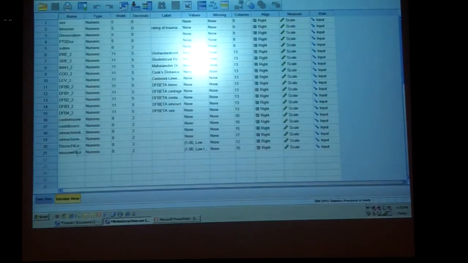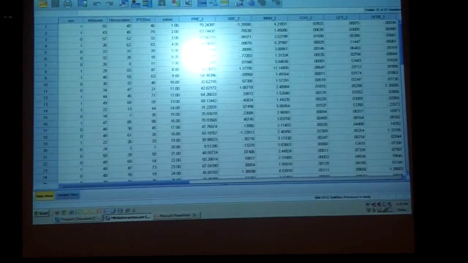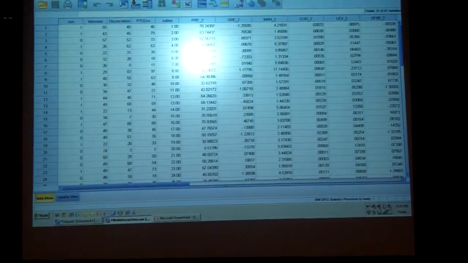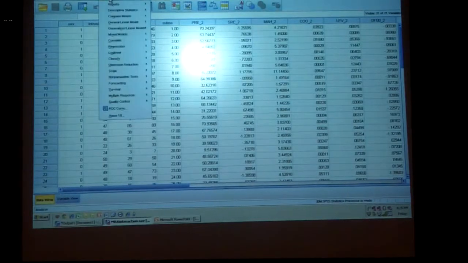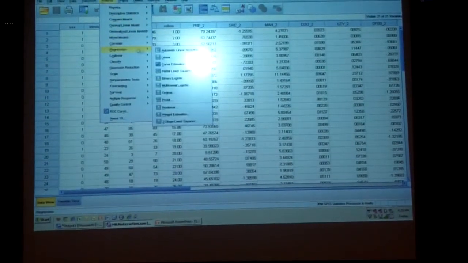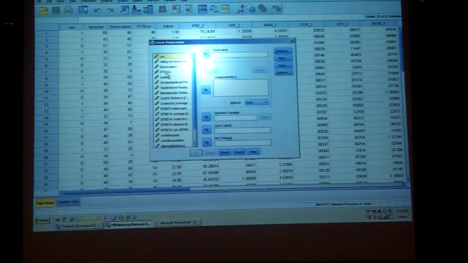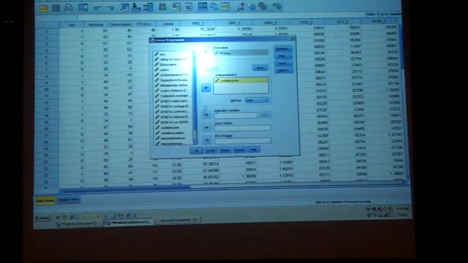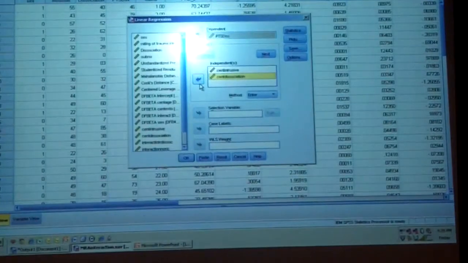So here's the variable view for this data set. Here's the data view. If anybody really needs more time on how to do it, we can show you, but I'm just going to quickly go ahead and analyze it. You'll see we use linear regression. The dependent variable is the PTSD symptom. And remember we talked about centering, so we're going to use centered intrusive thoughts and centered dissociation, which means we subtracted the mean from each of those.